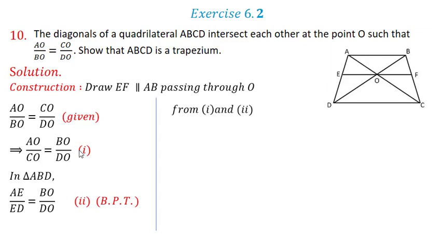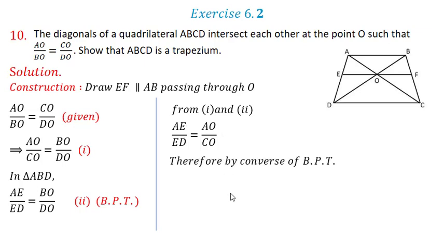Now from equation 1 and equation 2, as on the right-hand side you can see BO upon DO, I can say that AO upon CO equals AE upon ED, or AE upon ED equals AO upon CO. Therefore, by converse of BPT in triangle ADC, as AE upon ED equals AO upon CO, we can say that EO, that is EF, is parallel to DC.